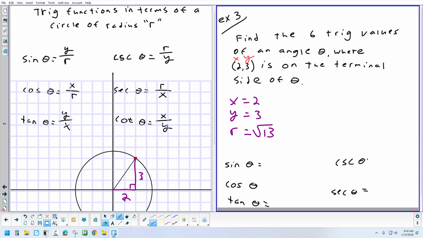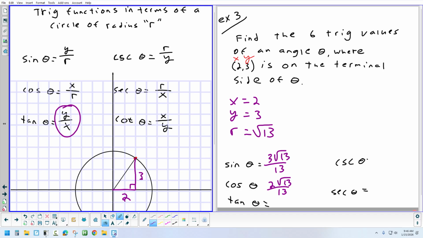I'll just do the first 3. Sine is y over r, so 3 root 13 over 13. Cosine is x over r, so 2 root 13 over 13. And tangent is y over x, 3 over 2.